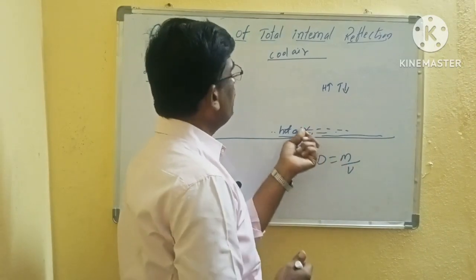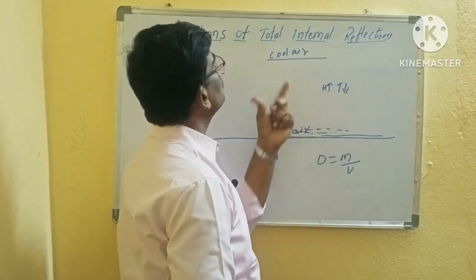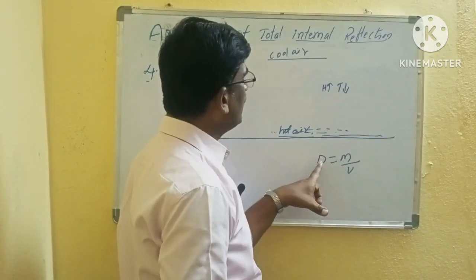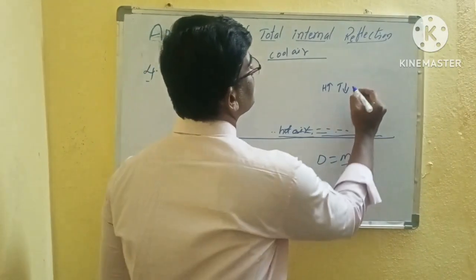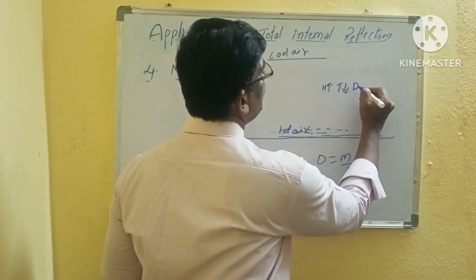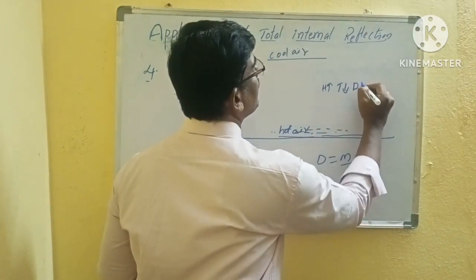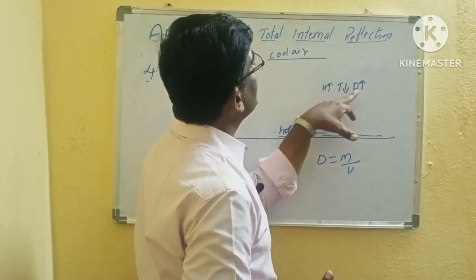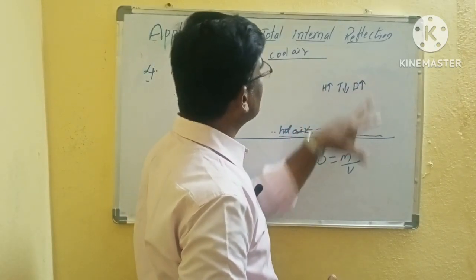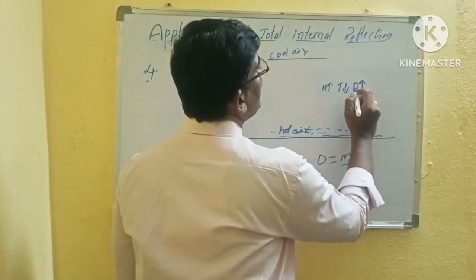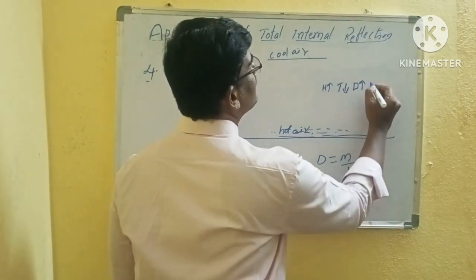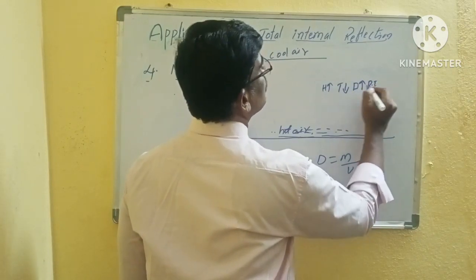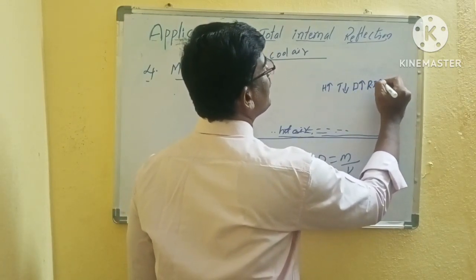So this gas will go from this place to the upper place. That's why the mass decreases, and automatically the density also decreases. So going upward, the temperature decreases and the density increases. Refractive index is directly proportional to density, so the refractive index also increases.